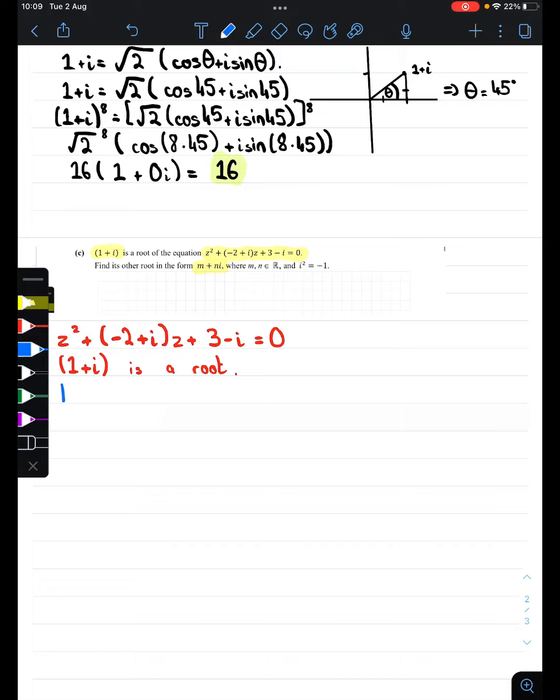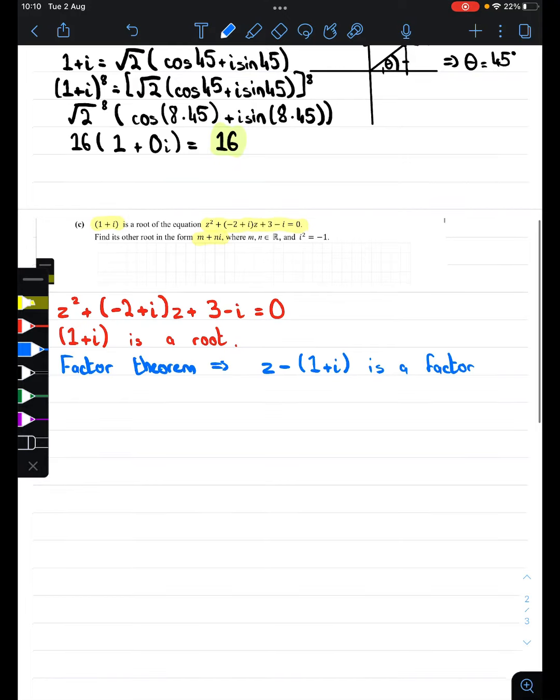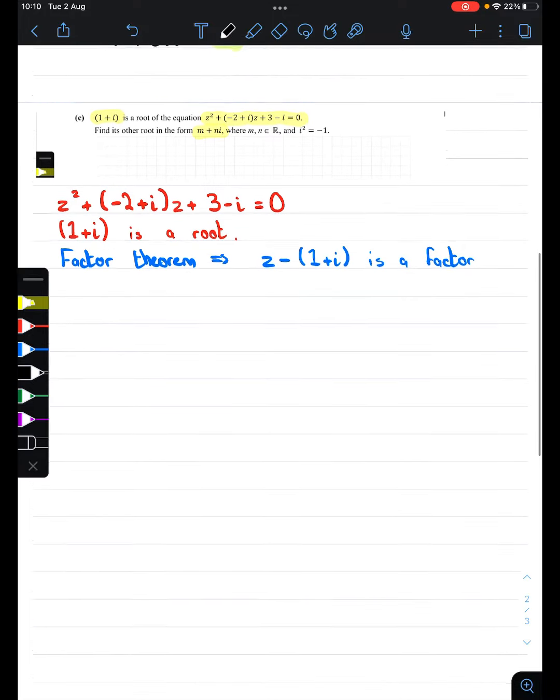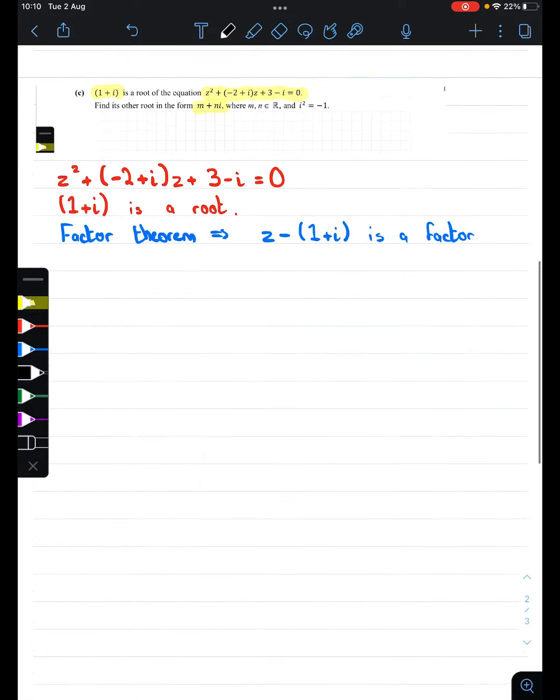And because of the factor theorem, we know that z minus (1 plus i) is a factor. And so now what we would typically do is divide our factor into our polynomial and get the other factor, and then that would give us the root.